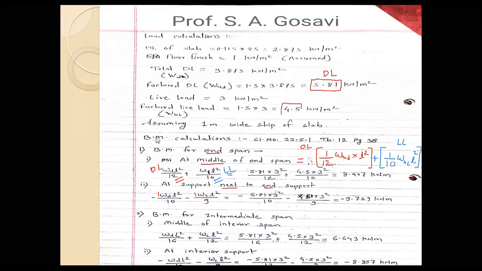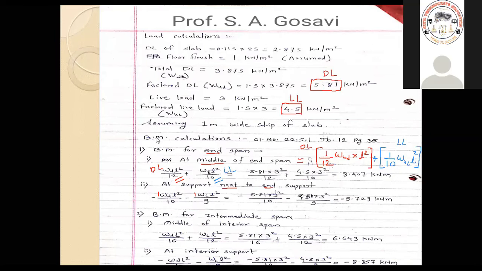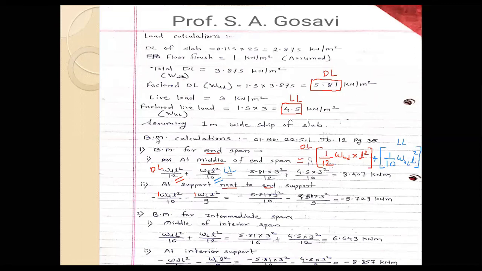Here we have calculated the ultimate dead load, 5.81, and the ultimate live load, 4.5. So it is 5.81 into L square, where L is 3 meter, as the span is specified in the problem itself, divided by 12, since the coefficient is 1 by 12, plus 1 by 10 as the coefficient into live load, which is 4.5, into L square. If you simplify this, you will get the answer as 8.407.